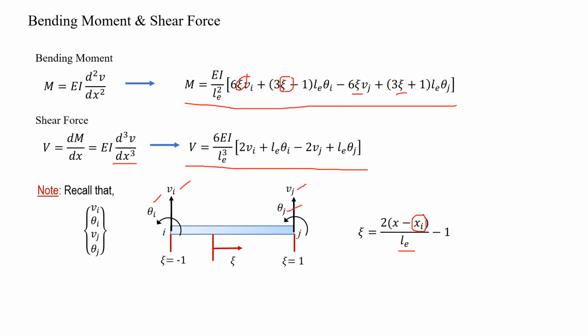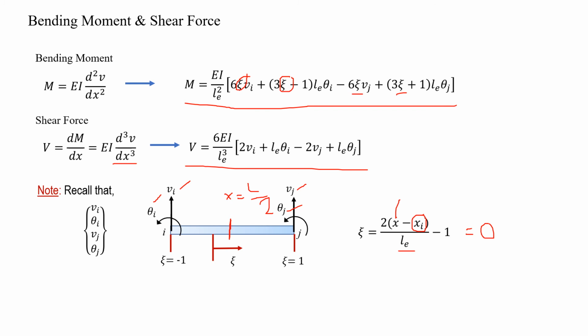If the question asks us to calculate the bending moment at the midspan, somewhere in the middle, then x is equal to L over 2.